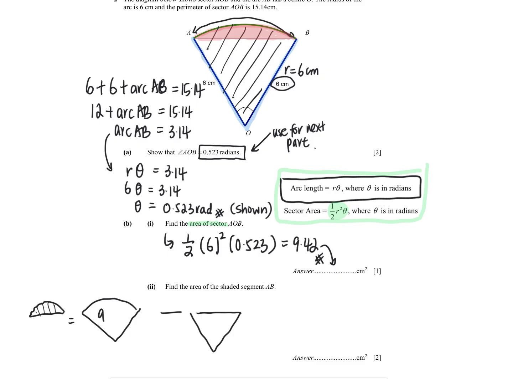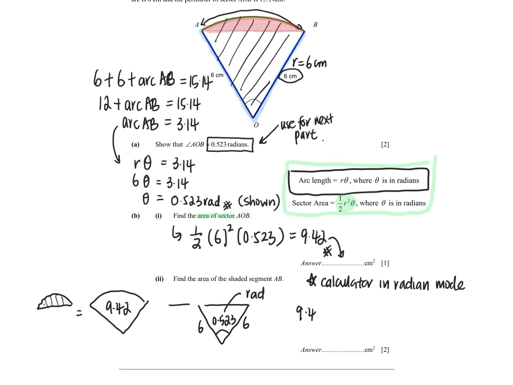All you have to do is use area of triangle, half AB sine C. Take note, if this is in radian, your calculator must be in radian mode. If you never change to radian mode, your answer will look very weird. So 9.42 minus half AB sine 0.523. Use calculator.